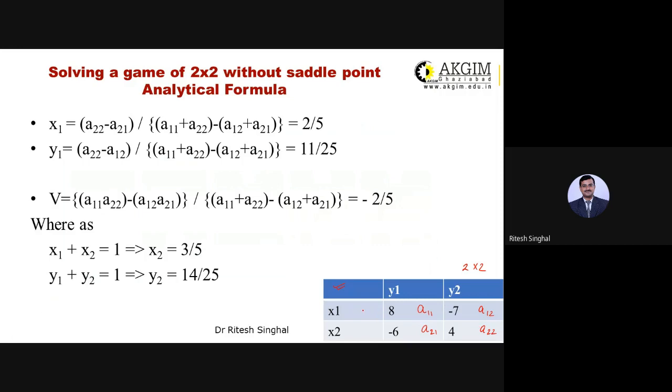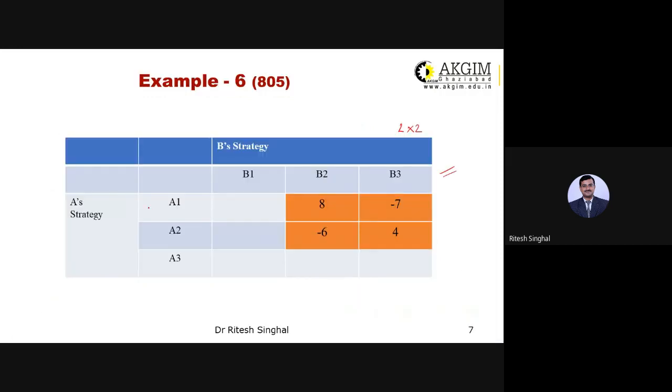Now what are x1 and y1, x2 and y2 here, that we need to discuss before going to solve it further. Let's discuss in this slide. Since A3 is not there, B1 is not there. So let us assume that x1 is the probability of using strategy A1.